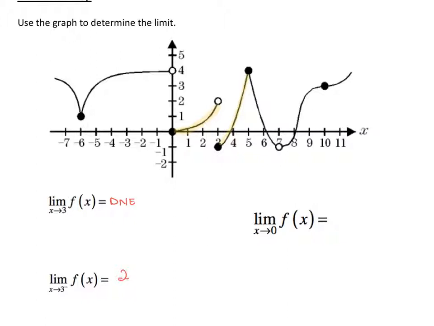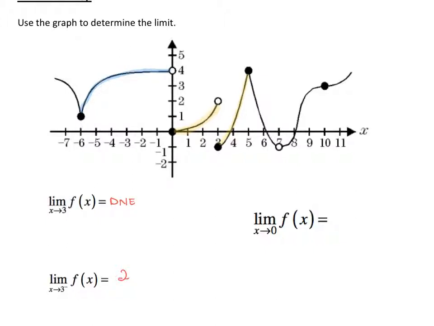Question? The limit as your function approaches 0 from the right and from the left. So, again, let's take a look. As we approach 0 from the left side, we go there.